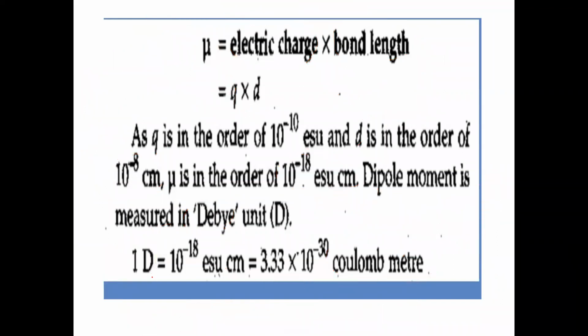Now see here. 1 D unit is equal to what? 10 power minus 18 ESU centimeters. This ESU centimeter is the CGS unit of dipole moment. What is Coulomb meter?